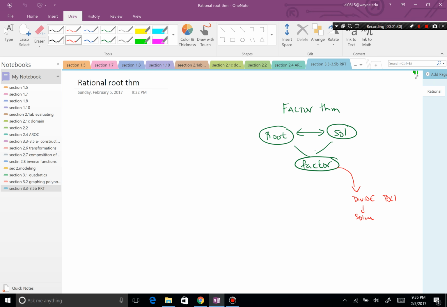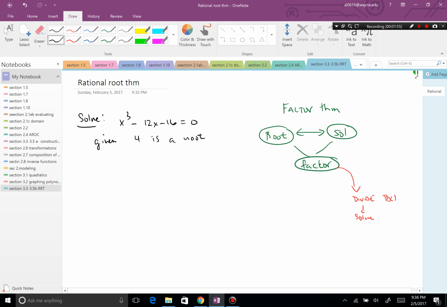So, for example, let's go ahead and do one just so we recall what this means. So let's say I said solve this thing, x cubed minus 12x minus 16 equals 0, given that 4 is a root. Well, good news.